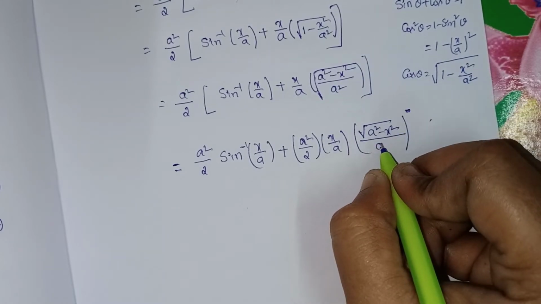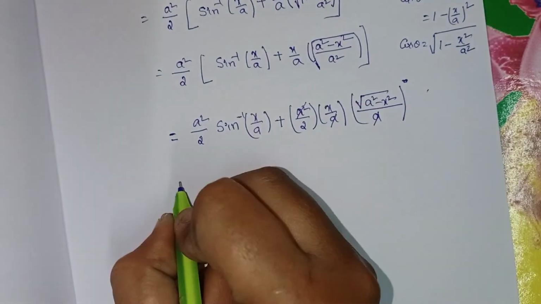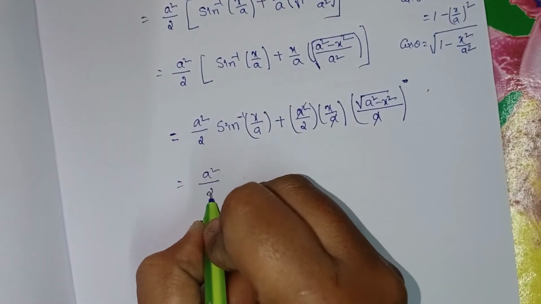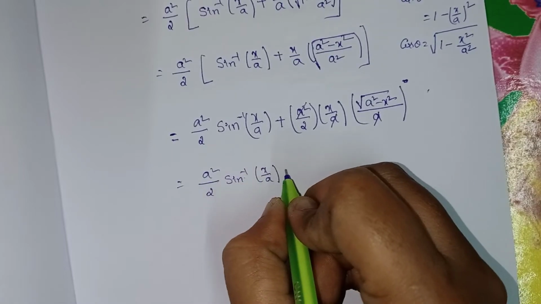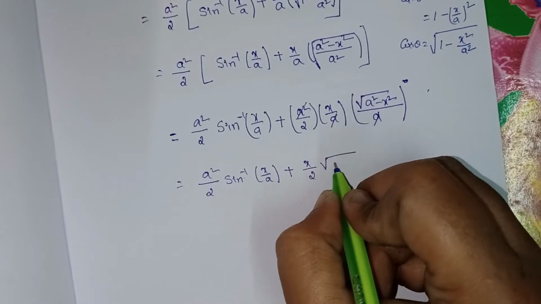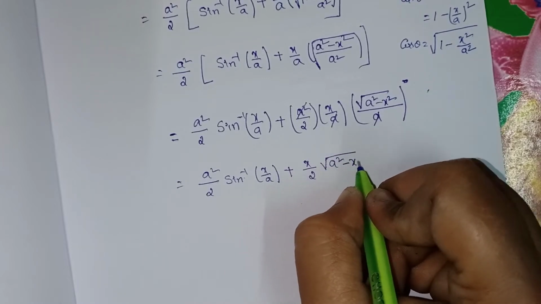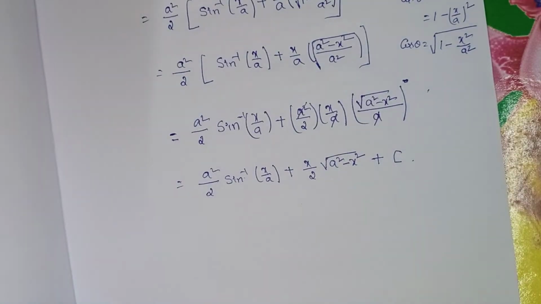Okay, 1a here, a square cancel. a square by 2 into sin inverse of x by a, plus x by 2 into square root of a square minus x square, plus integral constant.